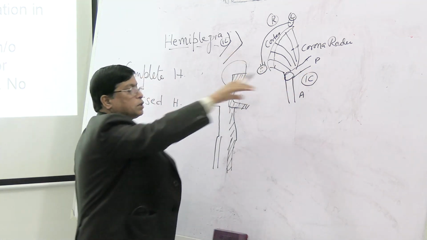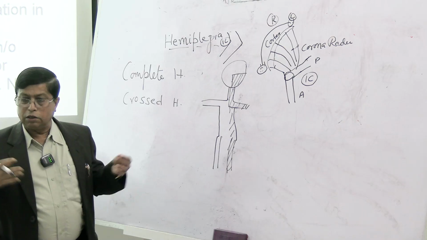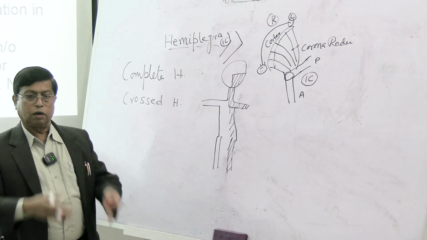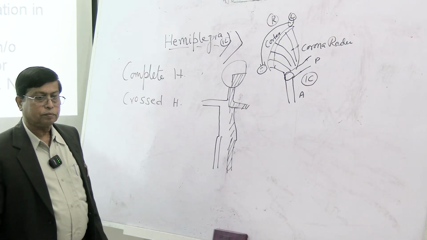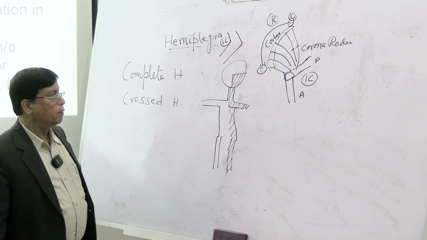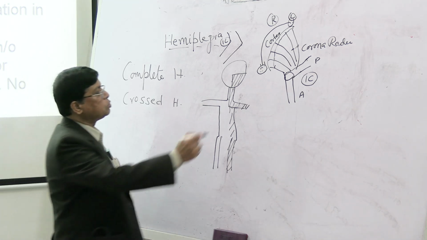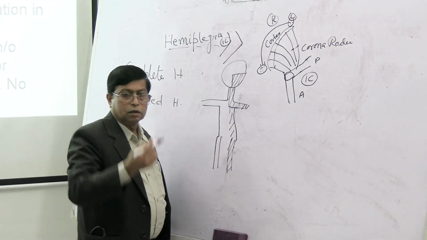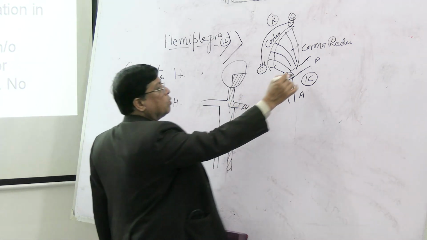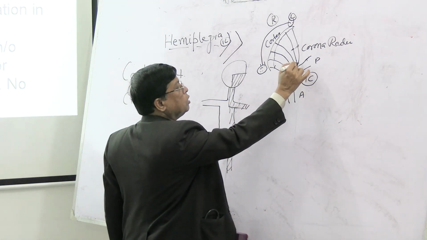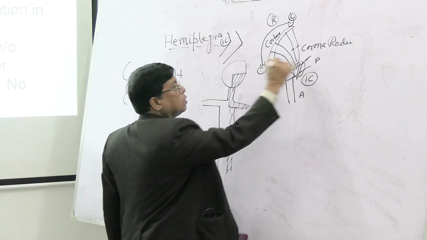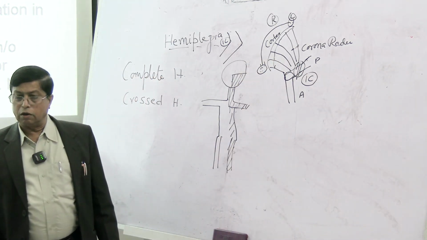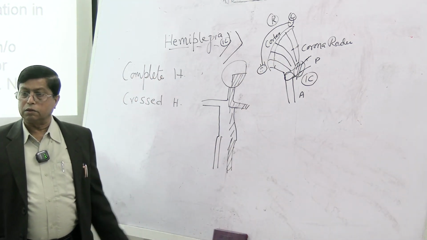So all fibers are compacted in the genu and the posterior limb. The fibers are distributed like this in the genu. So only a lesion here, a very small lesion, can cause paresis of all the fibers.